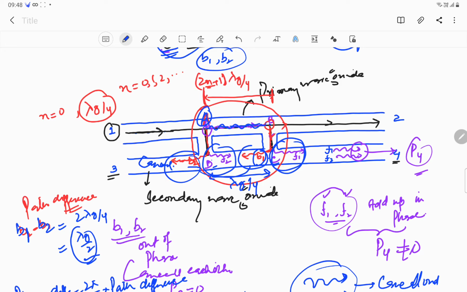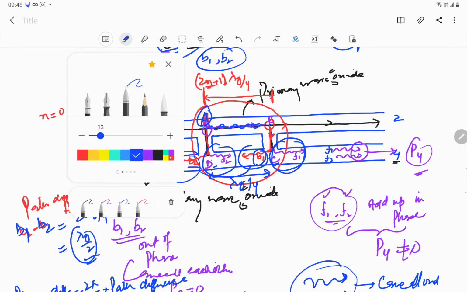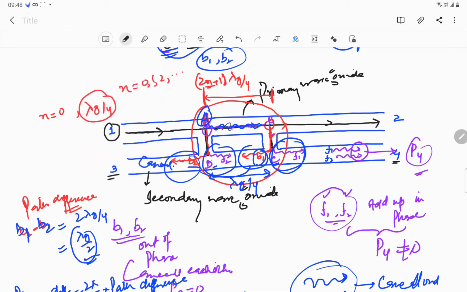I can show you from the figure that the length of the path from point A to B to C is the same as the length of the path from A to D to C. So in this case the path difference is 0.